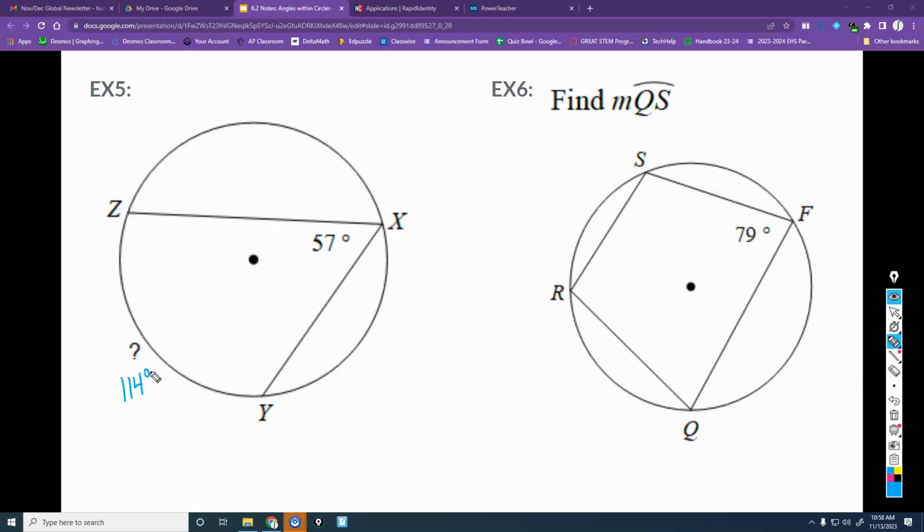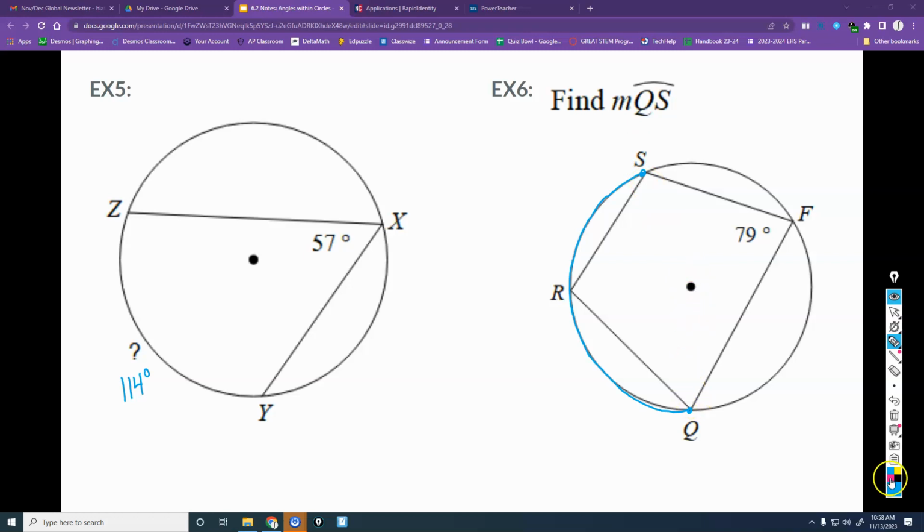Okay? Number 6 says to find the measure of QS. So QS is an arc, and it's the shortest distance from Q to S, which would be this left side over here. And we don't have any central angles for this, like we don't have the angles that go to the middle, which are easier to find.